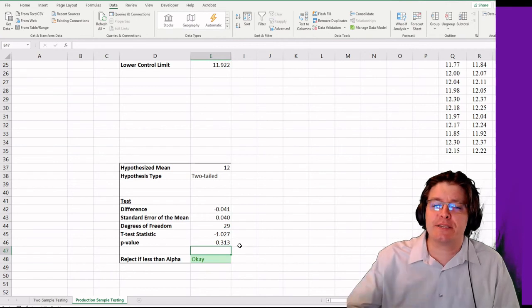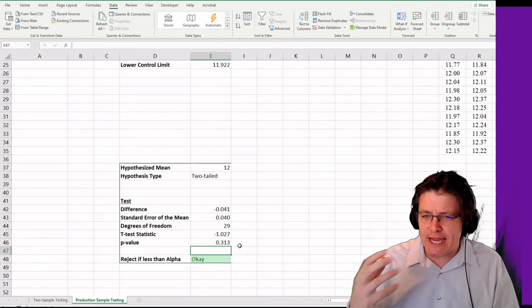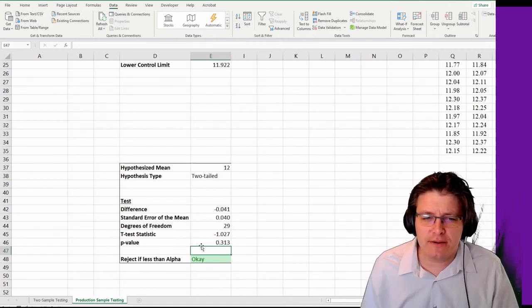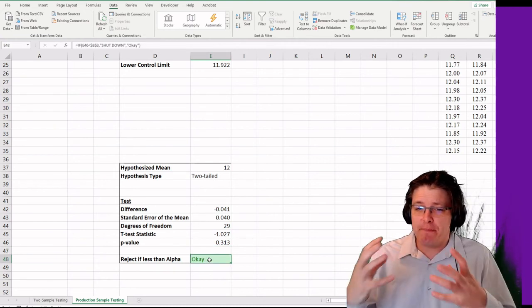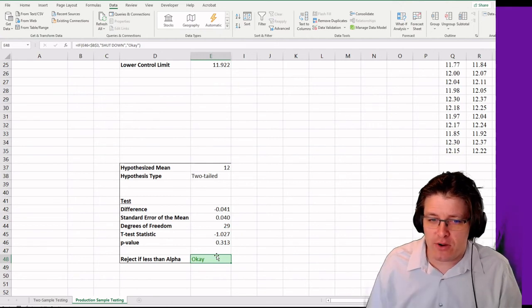And then lastly, let's dumb it down fully for your coworker, right? You really don't trust them, so we're going to just give them a big button that turns green if things are okay.